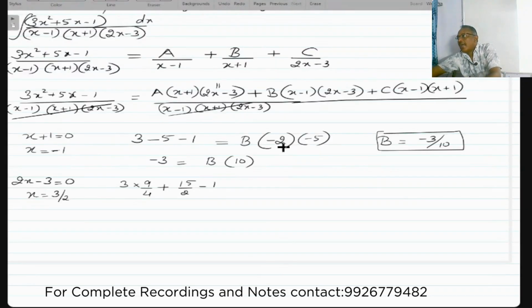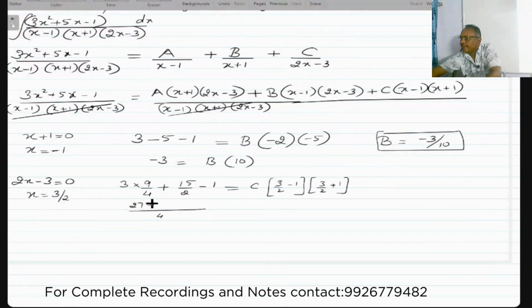So I have c times, in place of x, 3 by 2 minus 1, 3 by 2 plus 1. LCM here is 4. This is 27. 15 twos are 30 minus 4.